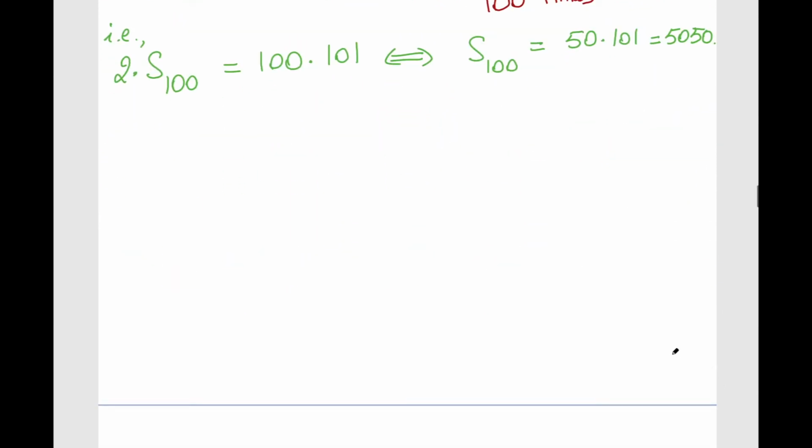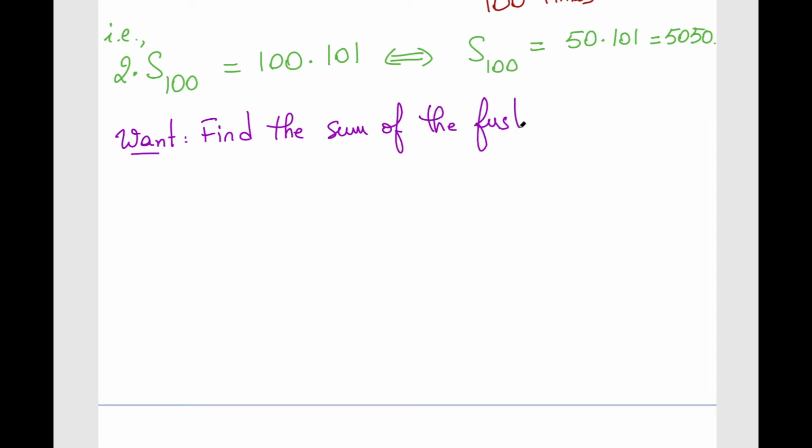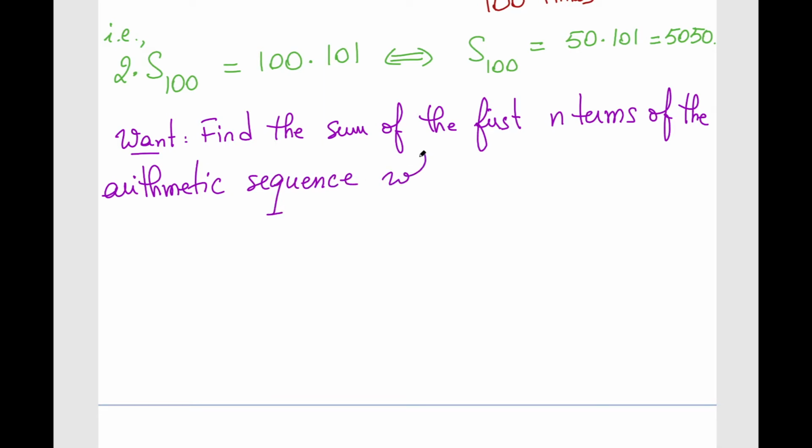So let's do that. Let's say we want to find the sum of the first n terms of the arithmetic sequence whose terms are given by the following. a sub i is equal to a plus (i minus 1) times d, right?